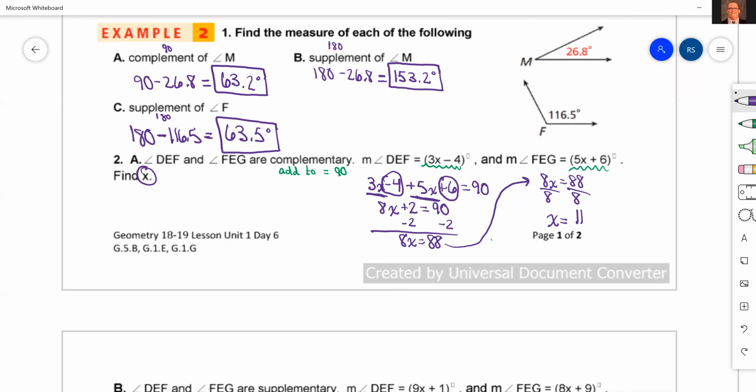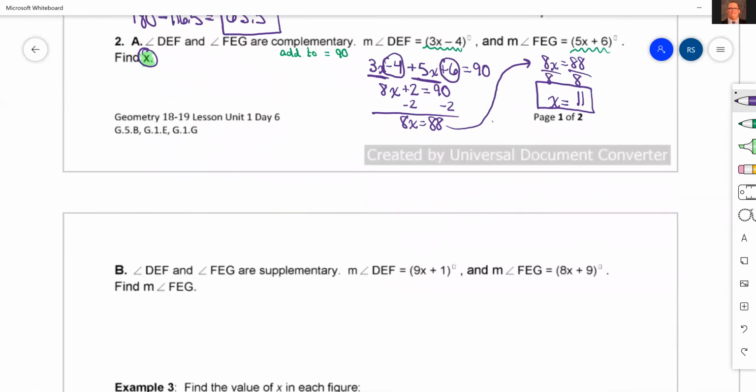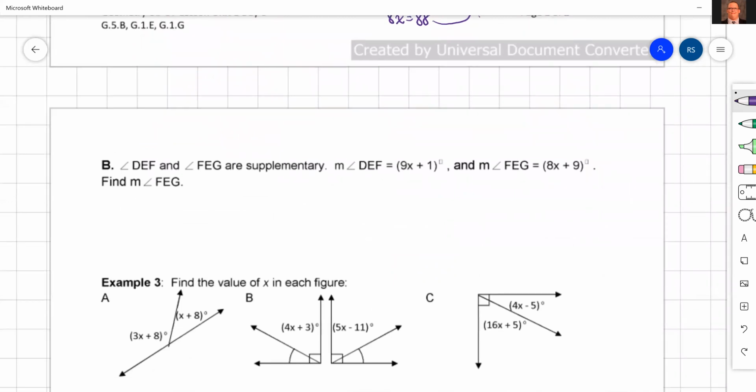Now, what did they ask us to find? x. So are we done? I'd say so. We're done. So that's the front of our notes. Now let's flip over to the back.